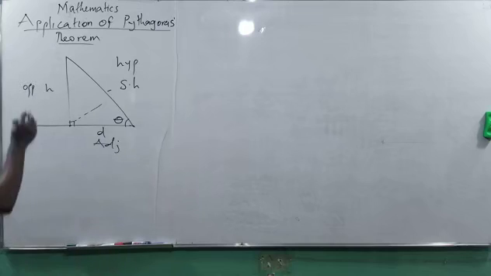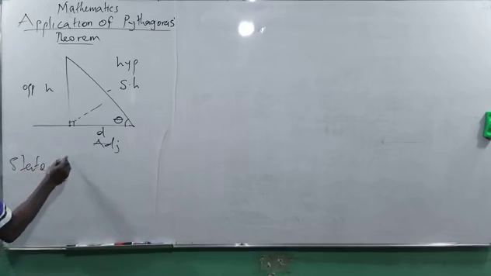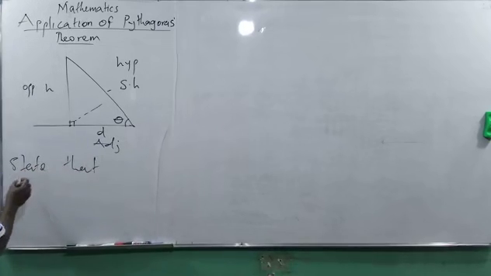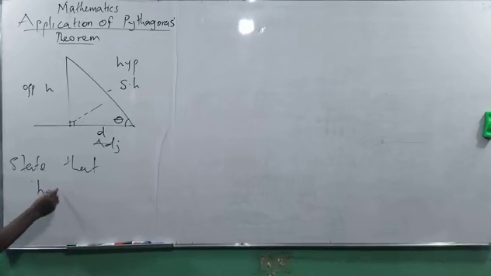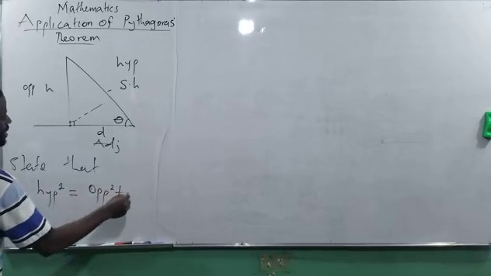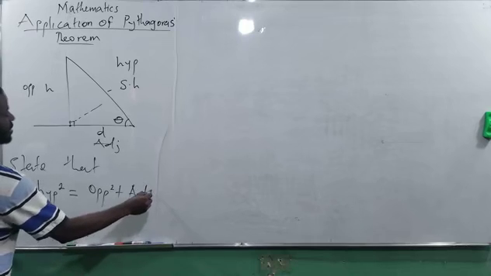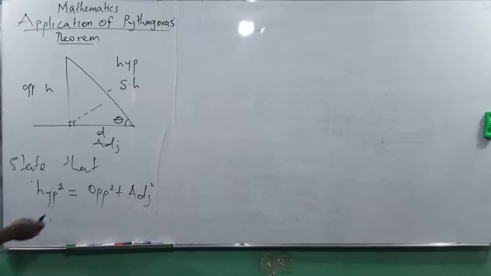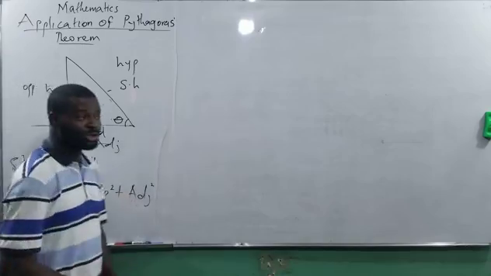Now, Pythagoras theorem states that hypotenuse squared equals opposite squared plus adjacent squared. Now, mind you, the adjacent and opposite positions do not matter.